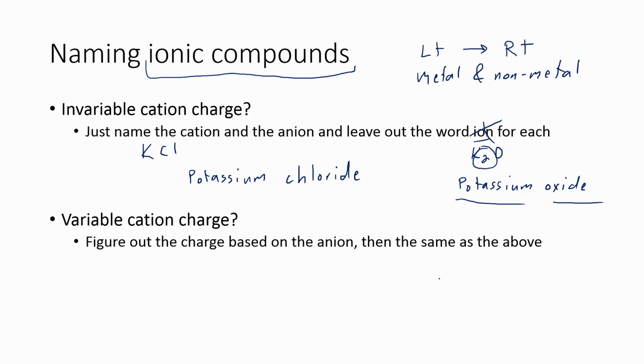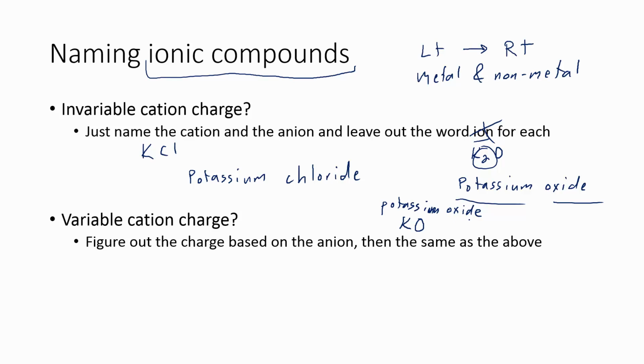Notice we have a 2 here. The reason we have a 2 there is because as we're naming, we have to be able to tell that there's a charge balance present in this molecule.